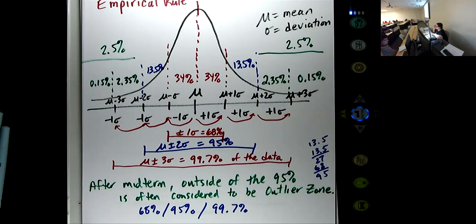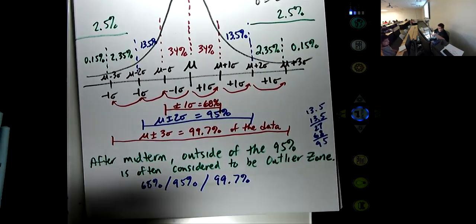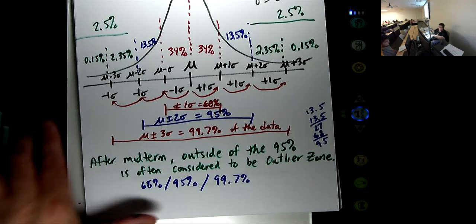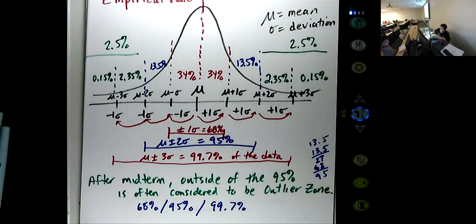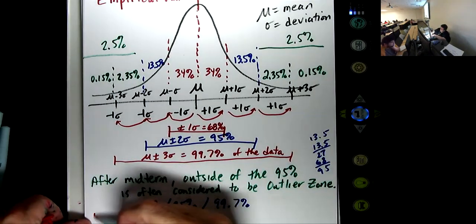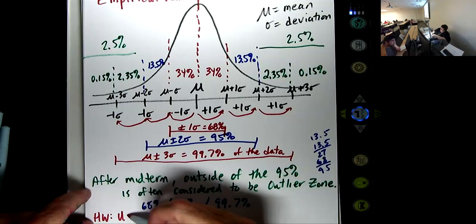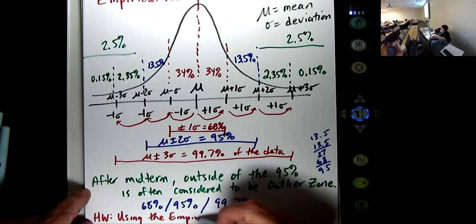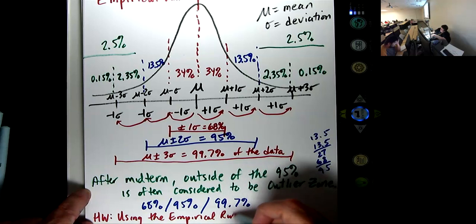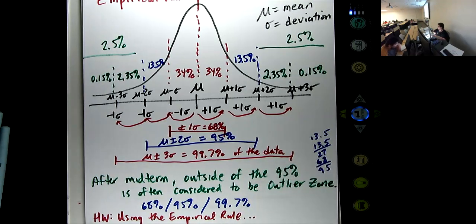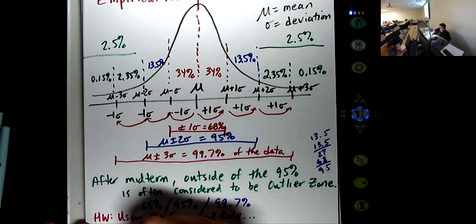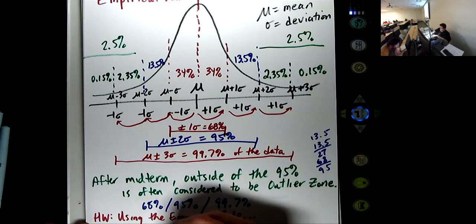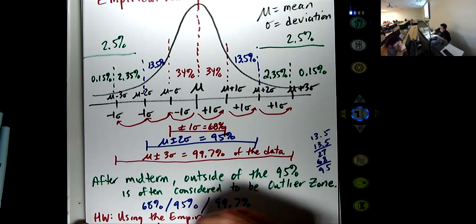Now, the homework will either do 1 of 2 things. The homework usually says, using the empirical rule, it'll prompt you that you're using the empirical rule. Later on, after chapter 7, we learn how to do the actual percentages.